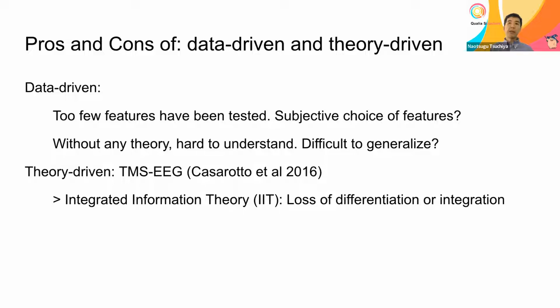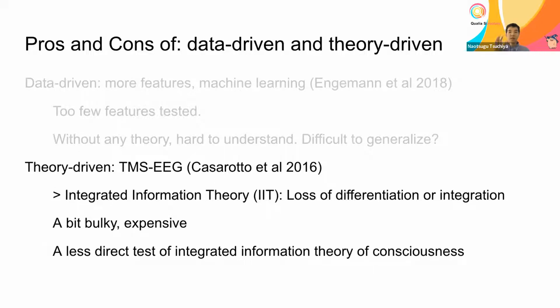That means the opposite, the loss of differentiation or the loss of integration, should correlate with the loss of consciousness. To measure that, what they did was stimulate the brain in a particular area and then measure the response to the TMS pulse using EEG. So it's a simultaneous TMS-EEG experiment.